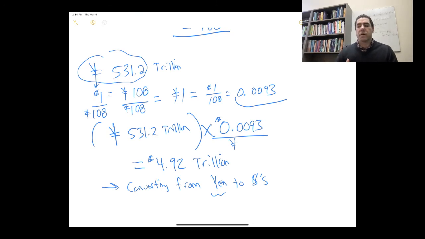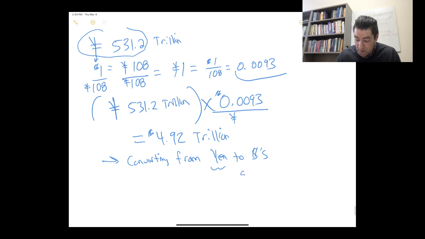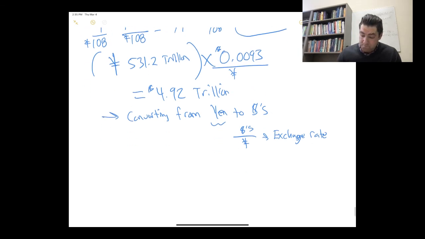So it's the British pound, right? Or another currency. When I convert from yen to dollars, I need to make sure that I'm taking the exchange rate as dollars over yen. If I wanted to convert from dollars to yen, for example, then I would flip that over. Then I want my exchange rate as yen per dollar.